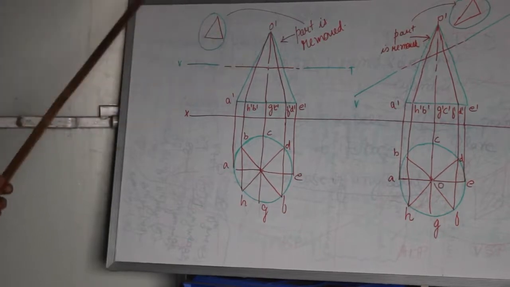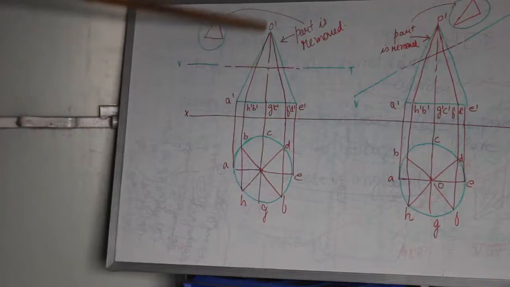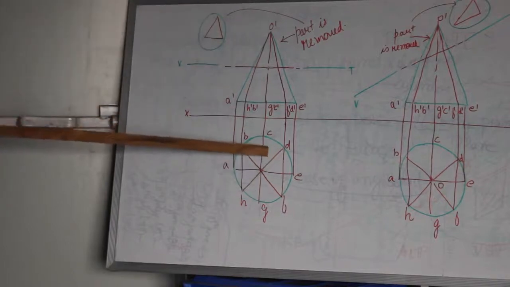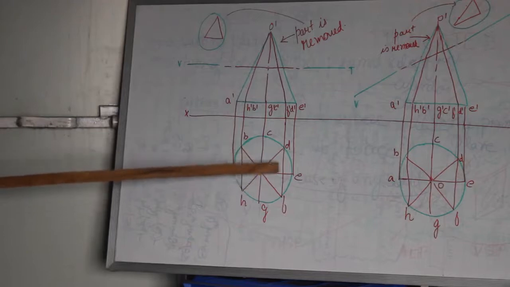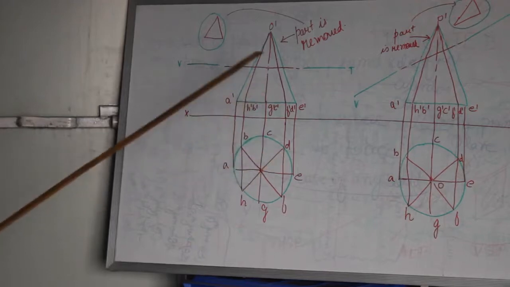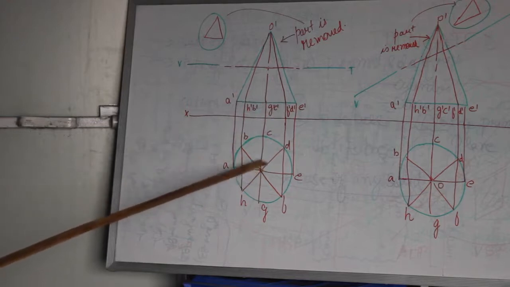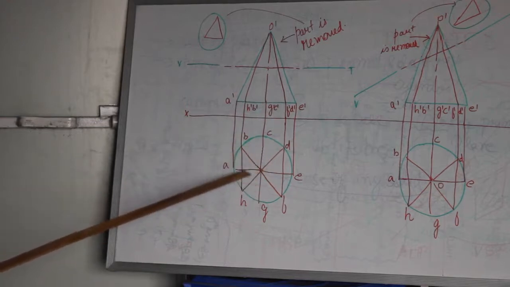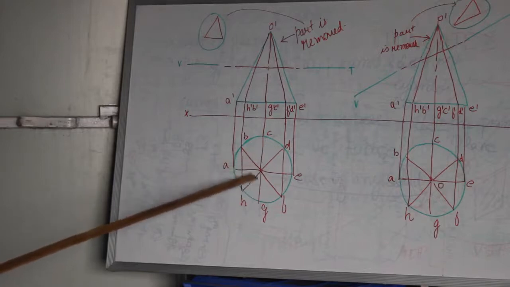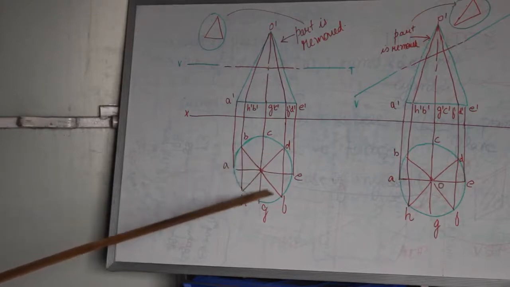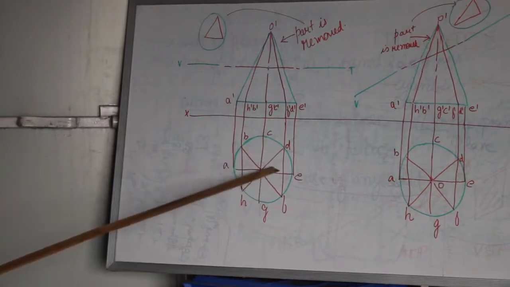When this is removed, when you see this from the top view over here, the top view will change. You will be able to see the base of the solid, and a section in the form of a circle will be generated in the top view.